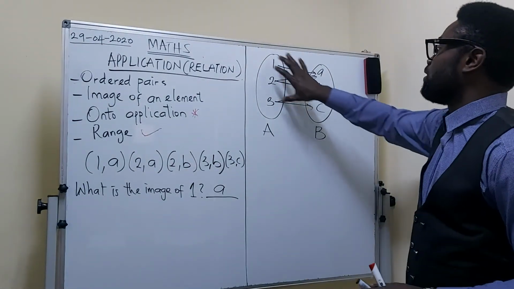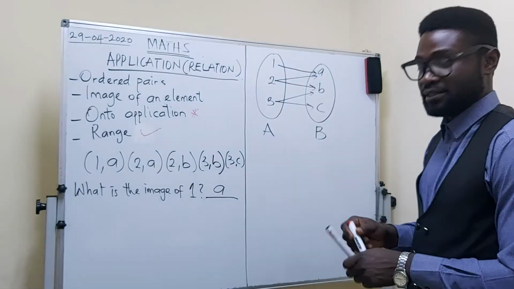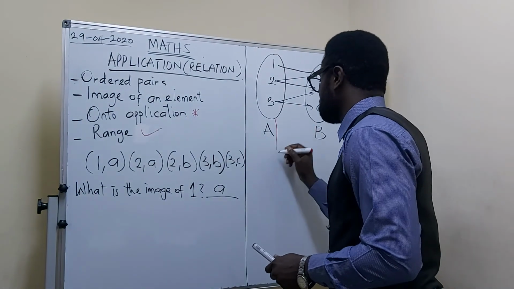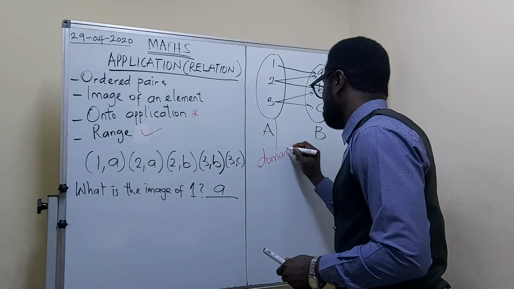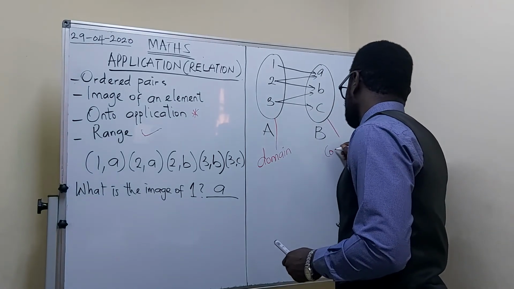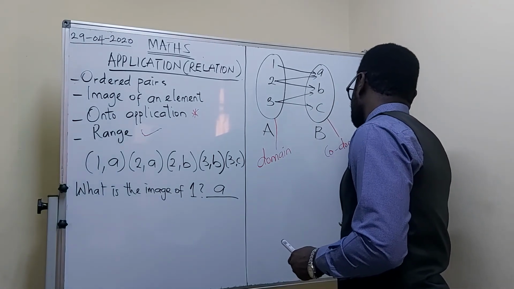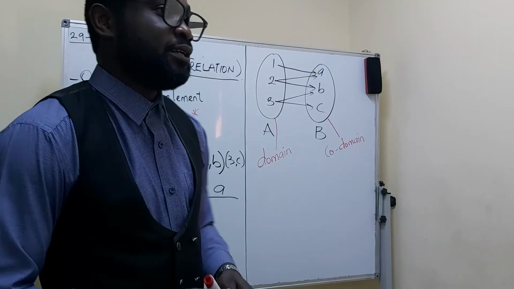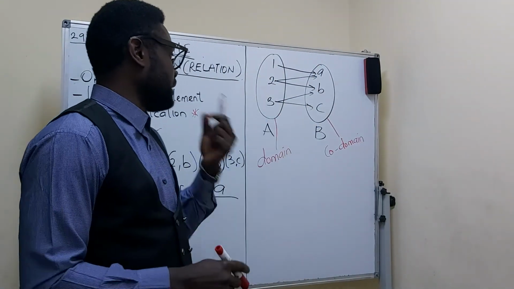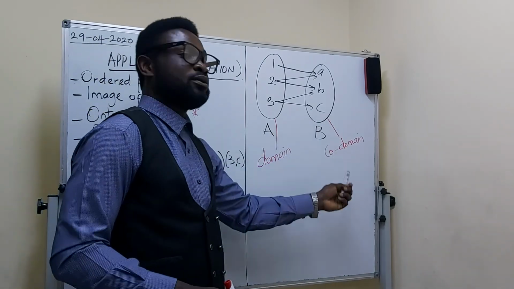Don't forget, the first circle is always the domain, and the second circle is the codomain. First circle is domain, the second circle is codomain.